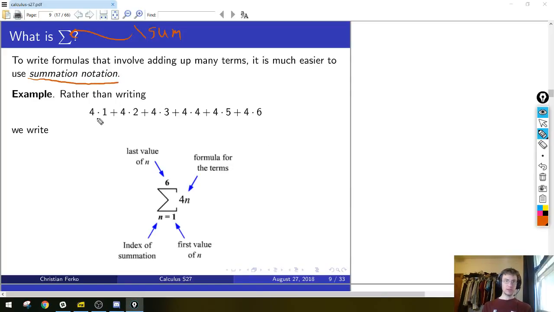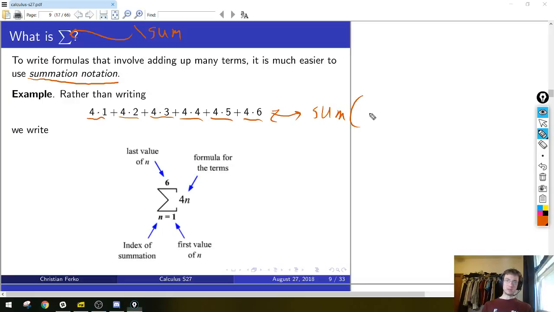So here's an example. Suppose we want to write this finite sum, and it's written 4 times 1 plus 4 times 2 plus 4 times 3 plus 4 times 4 plus 4 times 5 plus 4 times 6. So the pattern is completely obvious. You take 4 times each positive integer between 1 and 6. So you might ask, is there an easier way to say this?